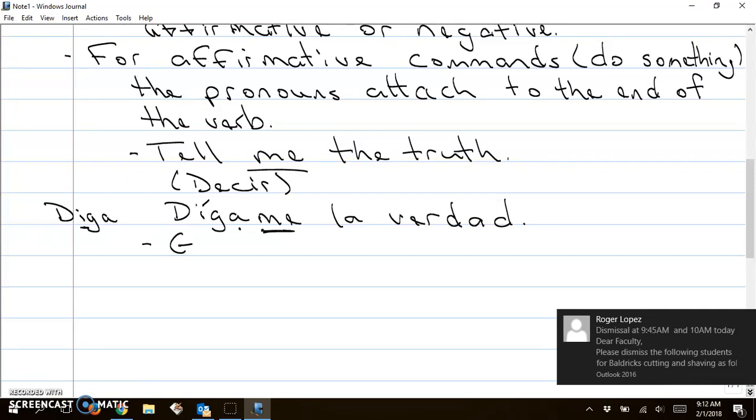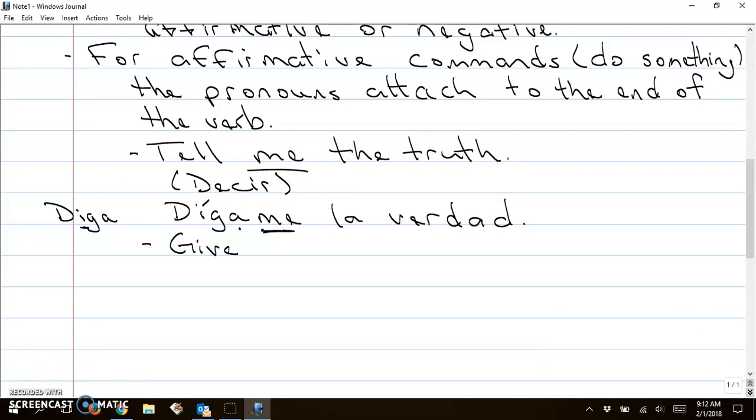Next one, give it to Bob. The it in this case will use a book, libro. So give is dar. So command form is da.